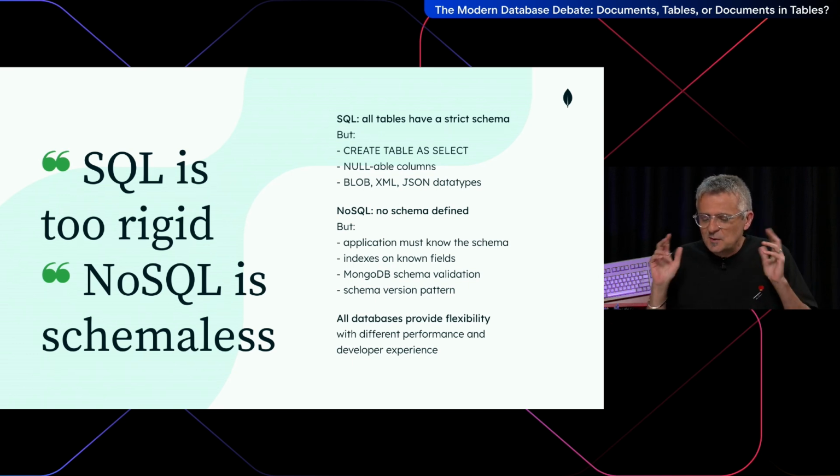You can do some schemaless things in SQL databases because you have many data types that do not need a schema when you write. And in NoSQL, you can also have schema validation. And in all cases, if you need some performance, you need some indexes. And when you need some indexes, you need at least to know the keys that you want to index. So there is a part of the schema that you need to know when you write.